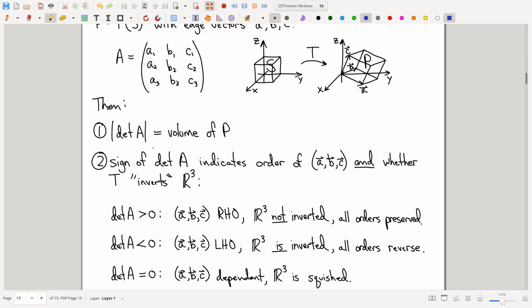It's kind of mysterious how the determinant gets all over this. We're talking about so much geometric stuff: volume, handedness, reflections. Determinant, boom, just gets right on it. The absolute value of the determinant tells you that volume. The sign tells you about the handedness and the inversions, the reflections.